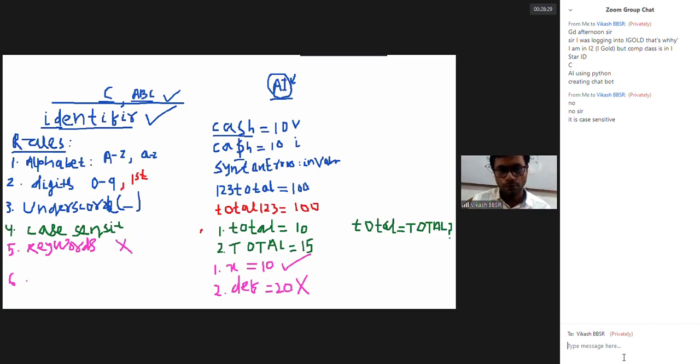Who can say? Here I have taken one identifier. How many characters? One, two, three, four, five. Five characters. Here one character. Here three characters. So it is asking how many characters are required for an identifier.